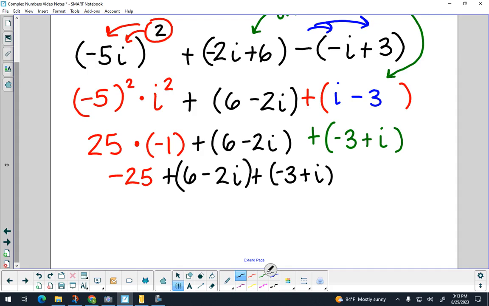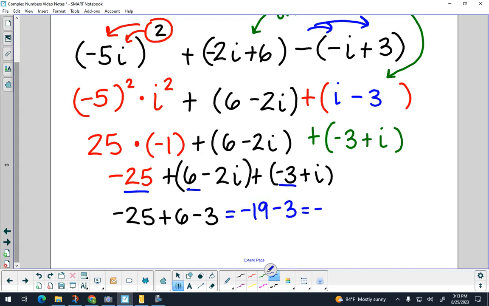Okay, I'm going to combine all my like terms, so negative 25 plus 6 and minus 3. Okay, negative 25 plus 6 is negative 19. Minus 3 is negative 22.